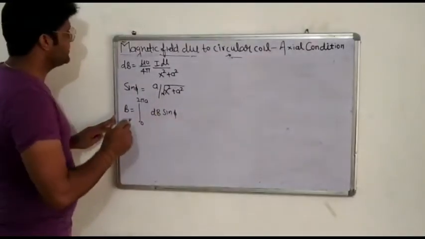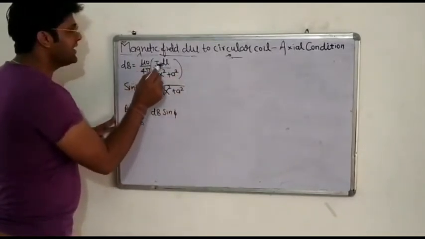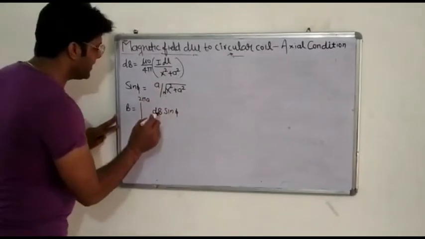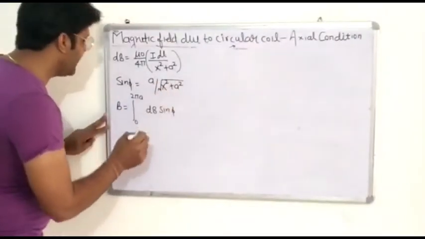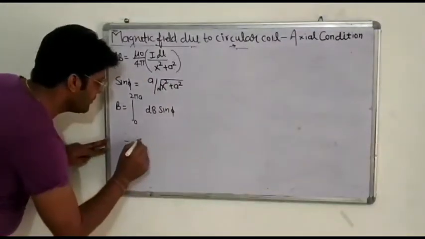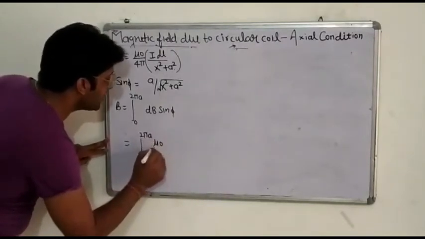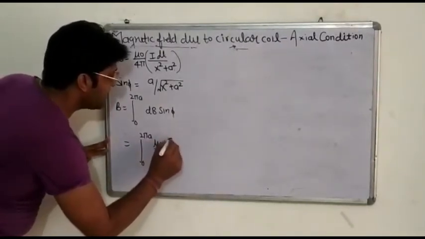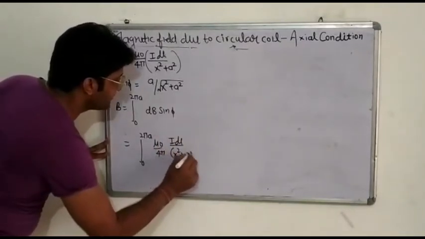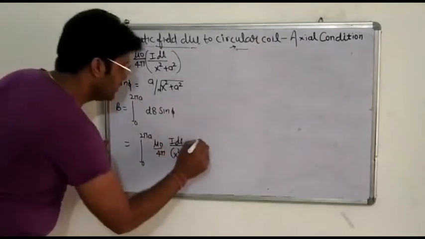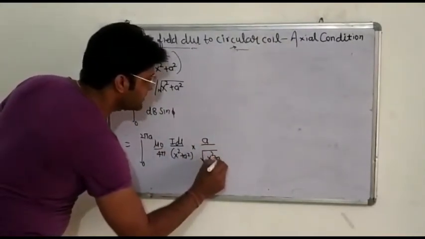So dear students, we have the value of dB, that is mu naught upon 4 pi I dl upon x square plus a square, and sin phi equals a upon the square root of x square plus a square. So by putting we find this is mu naught upon 4 pi and I dl upon x square plus a square, into a upon the square root of x square plus a square.